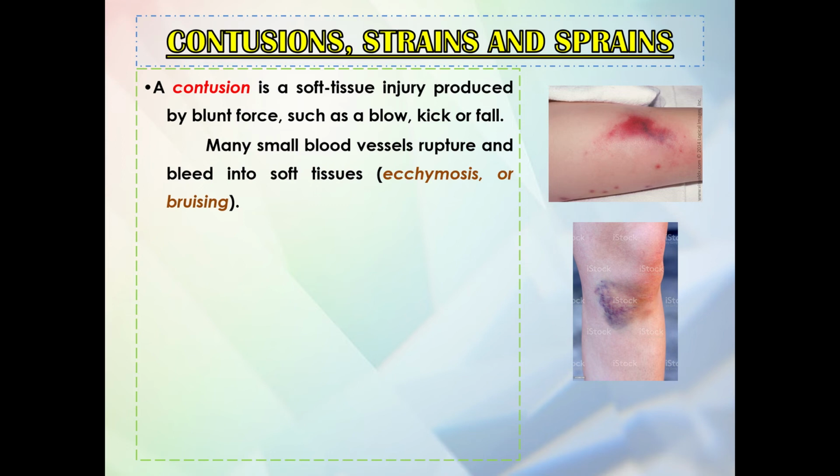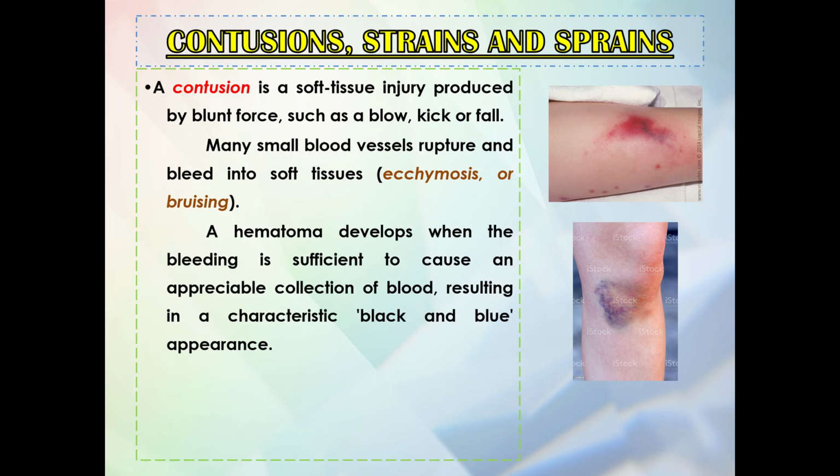Kaya tayo nagkakaroon ng ecchymosis or bruising. So a common feature ng contusion is merong bruising or tinatawag nating ecchymosis because there is a rupture of small blood vessels in that soft tissue na involved sa injury.